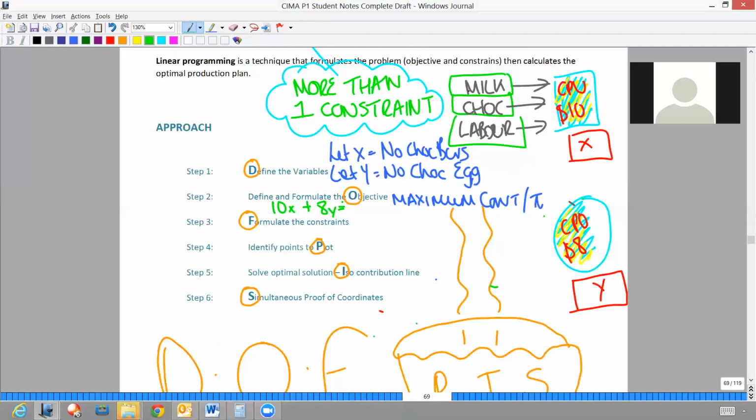In your objective test, you could be asked, what is the objective? It could ask you to formulate that, and you need to simply pick it from a multiple choice scenario. So you'd have to do some workings for your contribution per unit, and you'd pick 10x plus 8y. So that could be worth 2 marks.